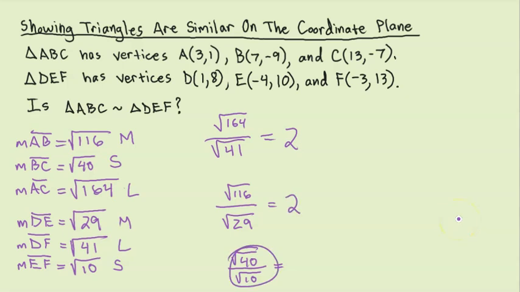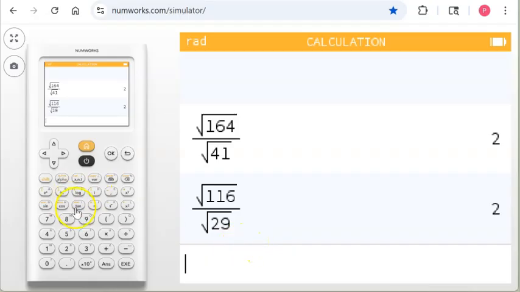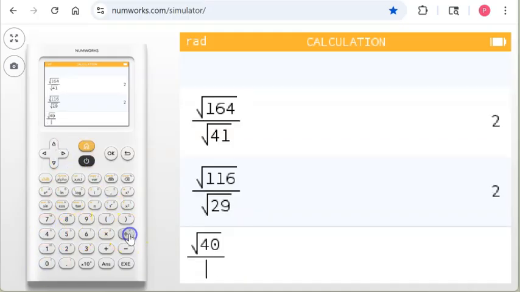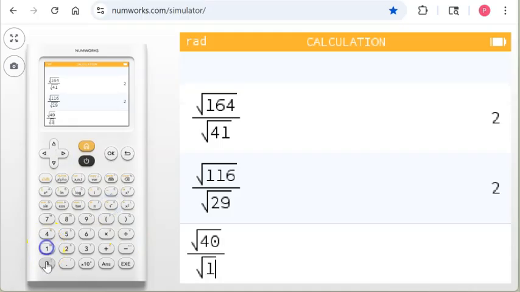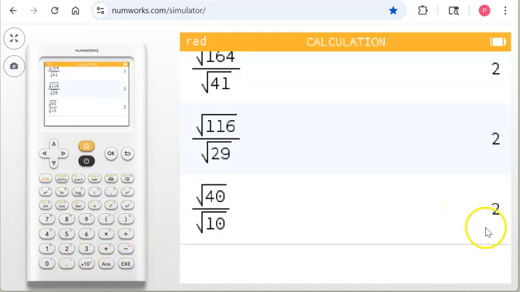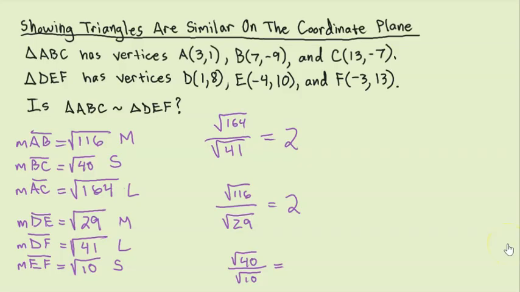Now we'll do the square root of 40 over the square root of 10. So we'll do the square root of 40 divided by the square root of 10. And sure enough, we get 2. And since all 3 fractions are the same value, 2 equals 2 equals 2, we can say that triangle ABC is similar to triangle DEF.